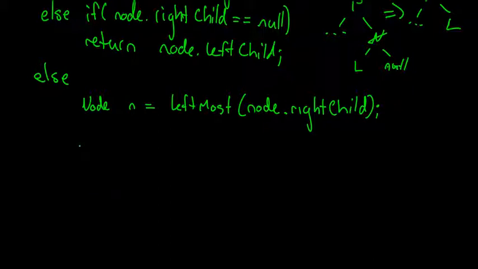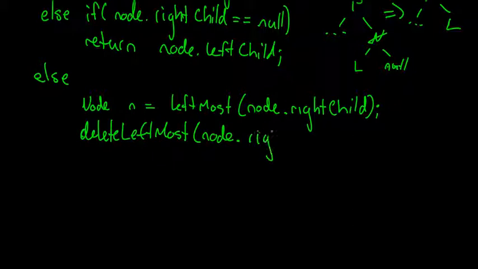Then we will delete the leftmost item from the current right child. And there's a little bit cleaner way to do this, so we'll see that in a second.